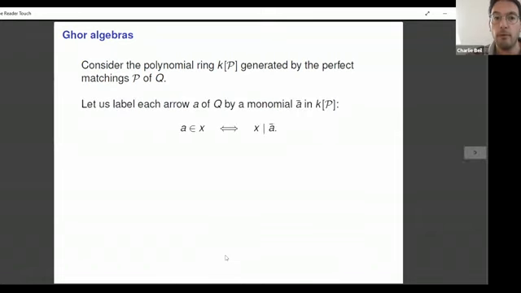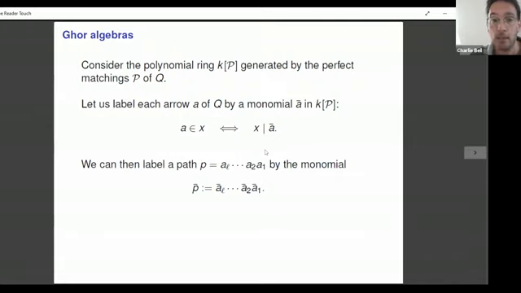And we'll label each arrow by a monomial, so call the arrow A, we'll put an A bar for a monomial in this polynomial ring, where if A is contained in the perfect matching X, then X will divide the monomial representing A. So this right here is the connection: if the arrow is contained in the perfect matching X, then X divides its monomial.